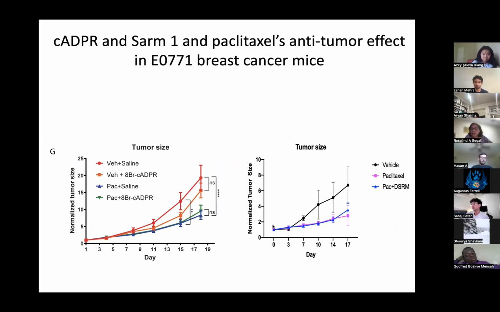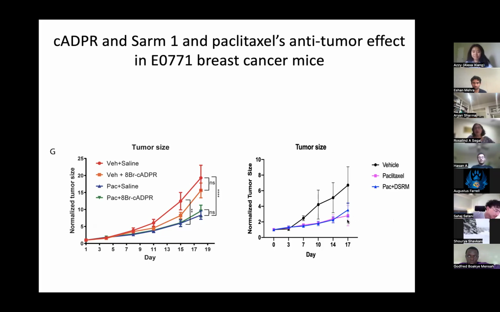It doesn't completely eliminate it, but both times you can see how effective this is, which is why it's so often used as a treatment. If we add in the cADPR inhibitor, it doesn't affect the normal growth of the tumor, and we still have the efficacy of paclitaxel. And similarly with the SARM1 inhibitor.